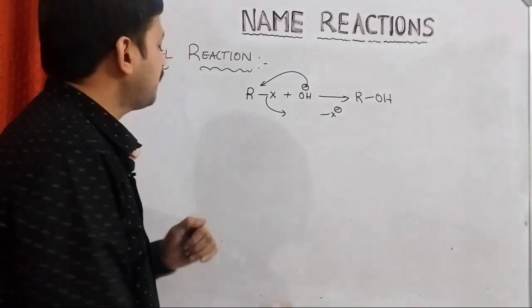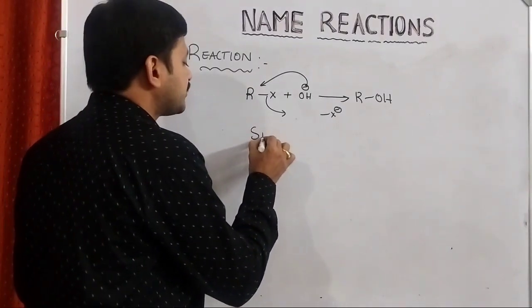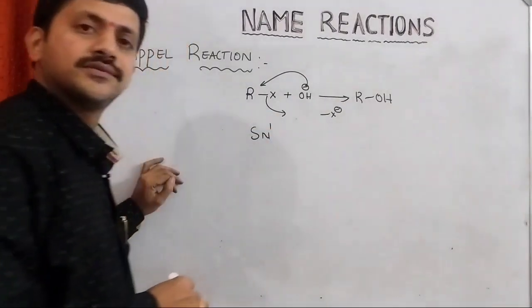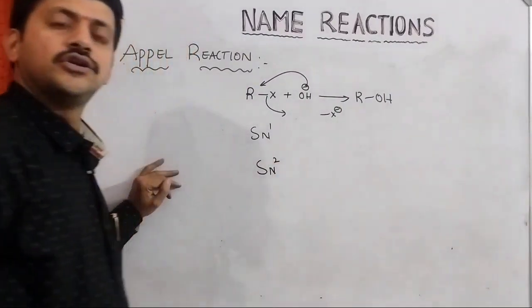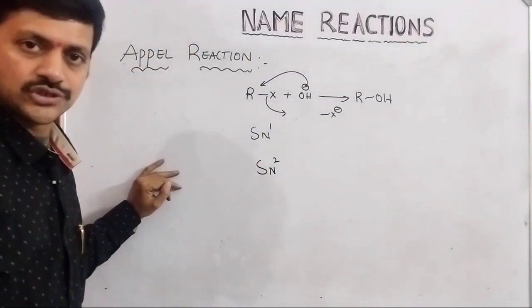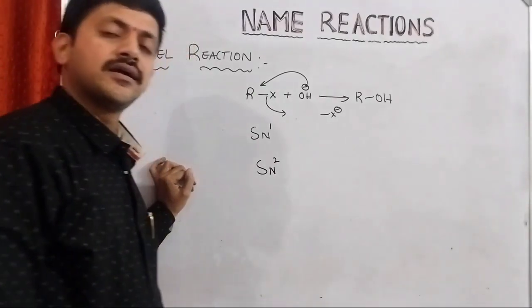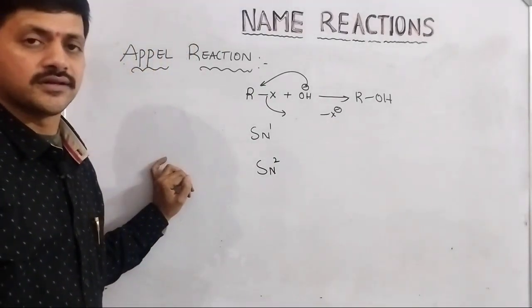Right? Here we are having two types of substitution: SN1 substitution and SN2 substitution. Nucleophilic unimolecular substitution and nucleophilic bimolecular substitution.